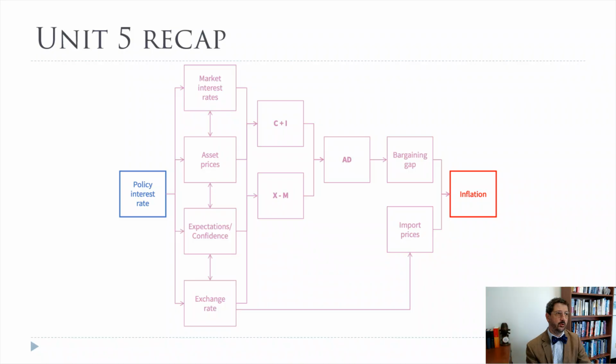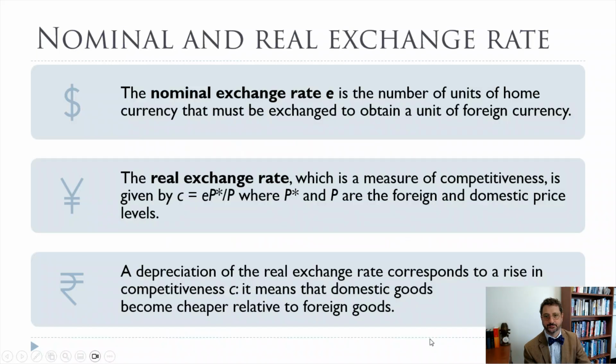So, for example, for a country that imports a lot of food and fuel, if there's a big depreciation of the currency, then those imports become more expensive, and food and fuel are necessities of life, so that can drive inflation directly from a depreciation.